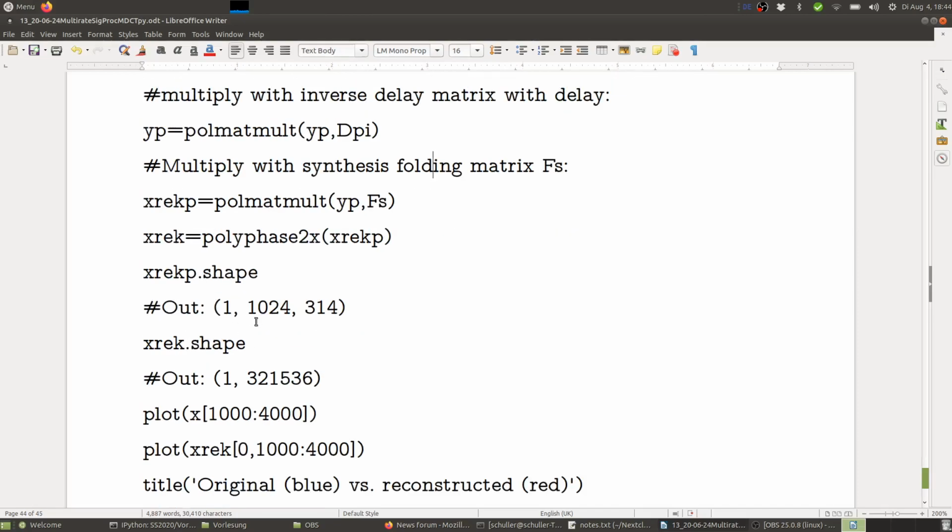Then I'm looking at the shape. Before we had 1024 times 313. After the polyphase to X, we have 321,536 samples. So this is again a one-dimensional audio signal.